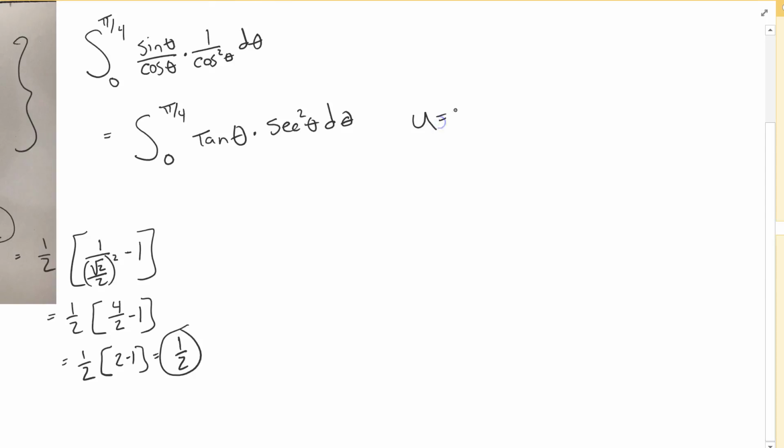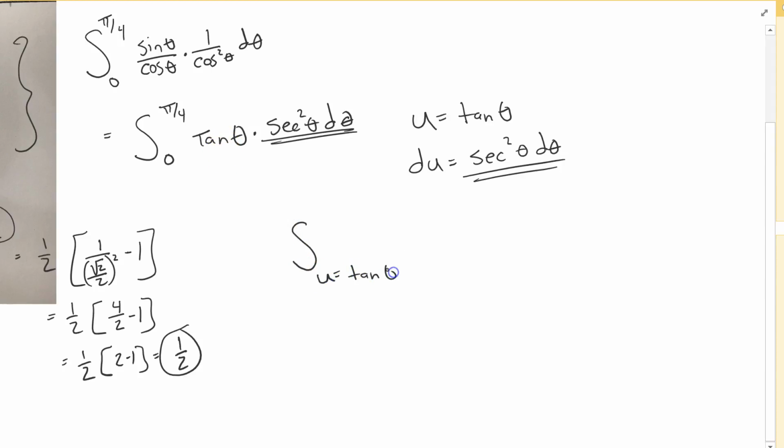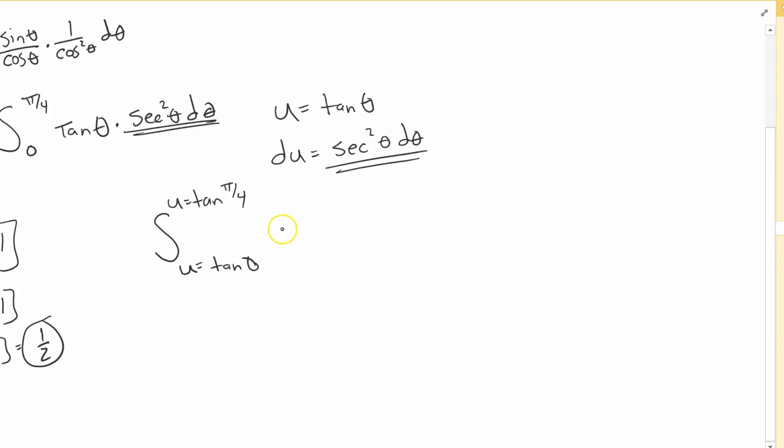If I let u equal tangent of theta, then du would be secant squared theta d theta. Turns out secant squared theta d theta is right there, tangent's right there, so u would equal tangent of 0, and u would be tangent of pi over 4. Tangent of pi over 4 is 1, and then I would have u du.